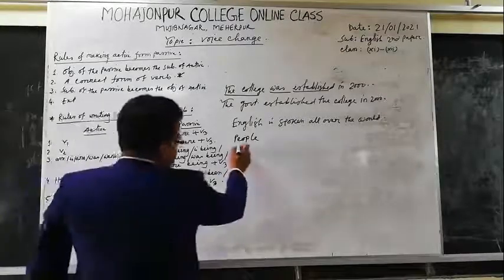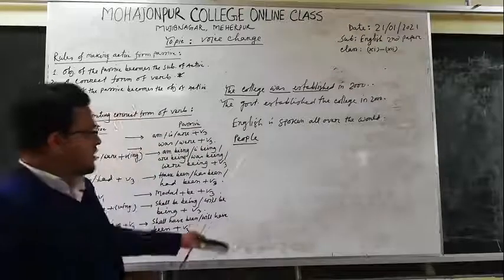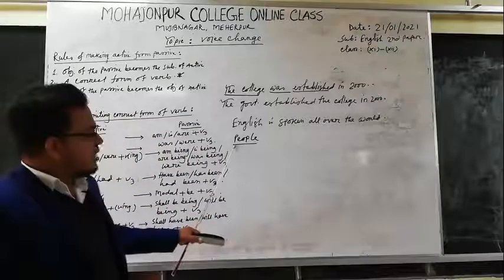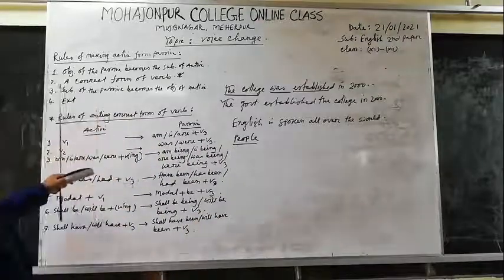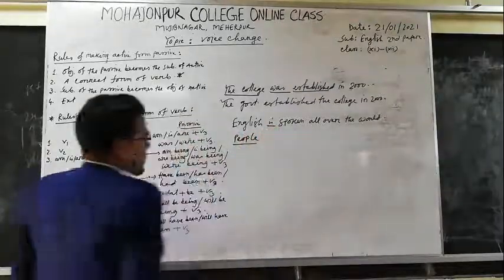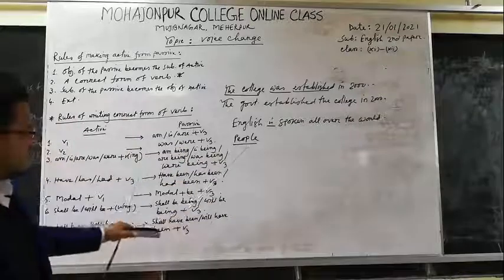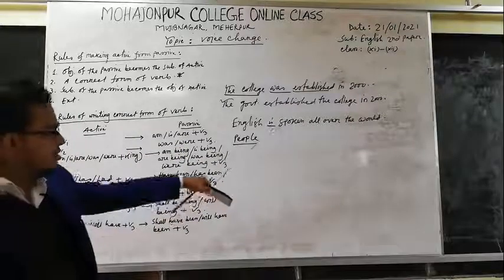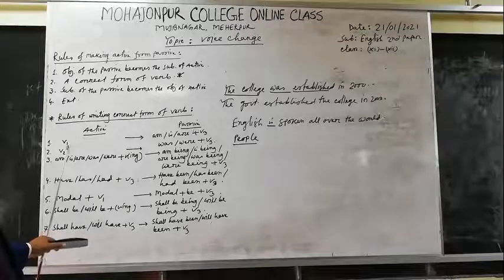So my dear students, the appropriate subject of active is people, and then according to the rules we have to make a correct form of verb by noticing the auxiliary verb of passive. There is am, is, are, and past participle form of verb, so it will become present form of verb.